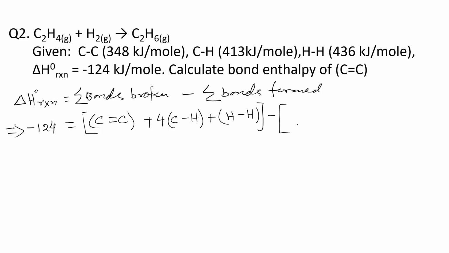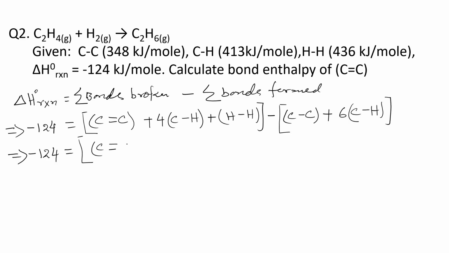One carbon-carbon single bond is formed, plus 6 carbon-hydrogen bonds, since ethane means 6 carbon-hydrogen bonds are formed. So minus 124 will be equal to this. You have to calculate the bond enthalpy of the carbon-carbon double bond, right?